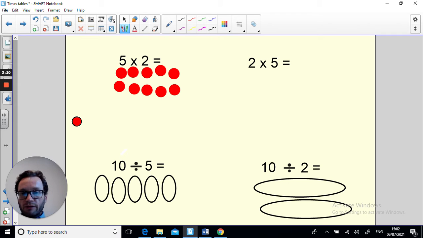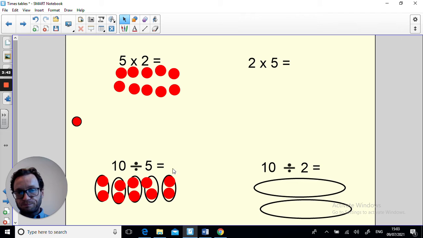I've already done my 5 plates, and now I'm going to share out my 10 sweets. So 1, 2, 3, 4, 5, 6, 7, 8, 9, 10. So you can see that there are 2 sweets left on each plate. So 10 divided by 5 is, of course, 2.